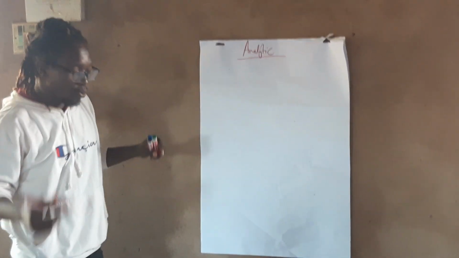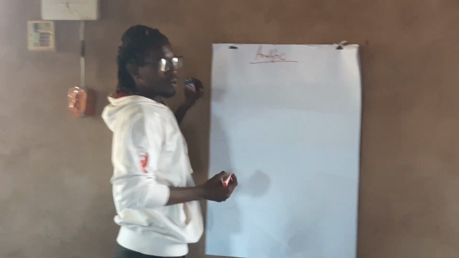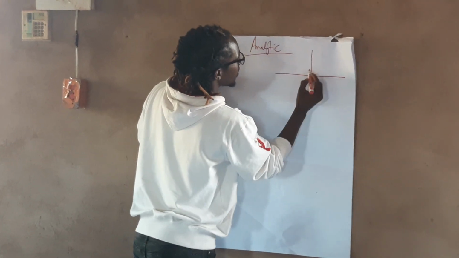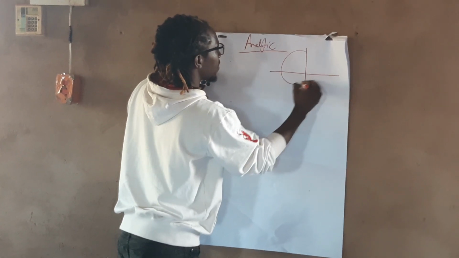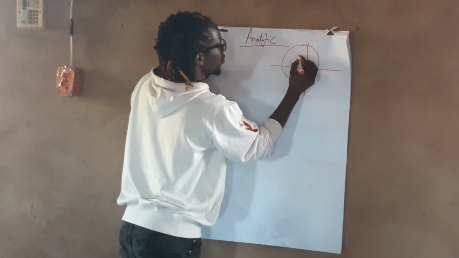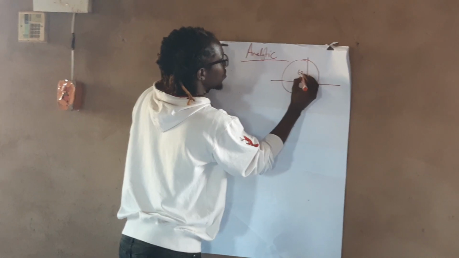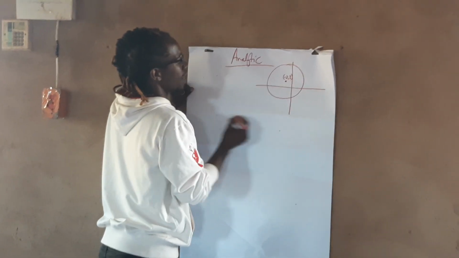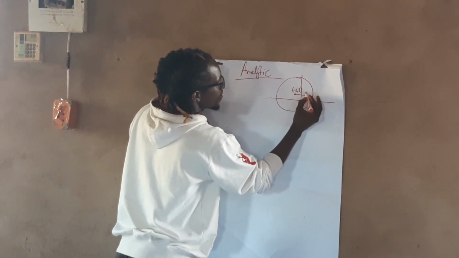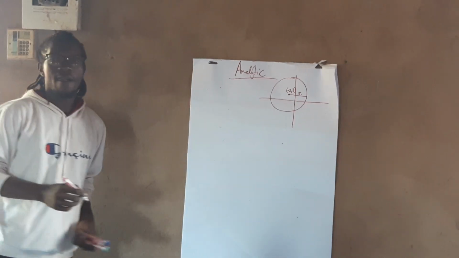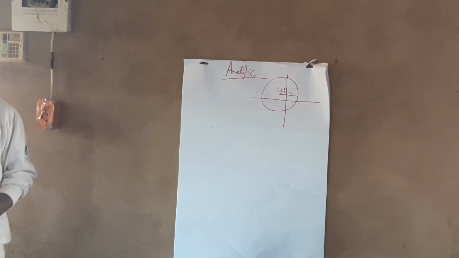So what will we have? For example, let's say we have our circle like this, and the center is here. This point is (-2, 3), and let's say our radius is 5 units. So what will our equation be?